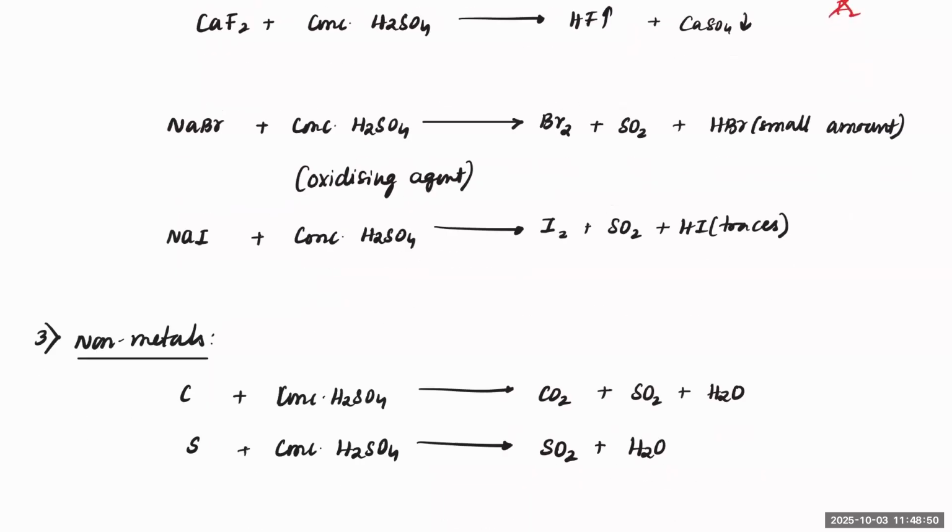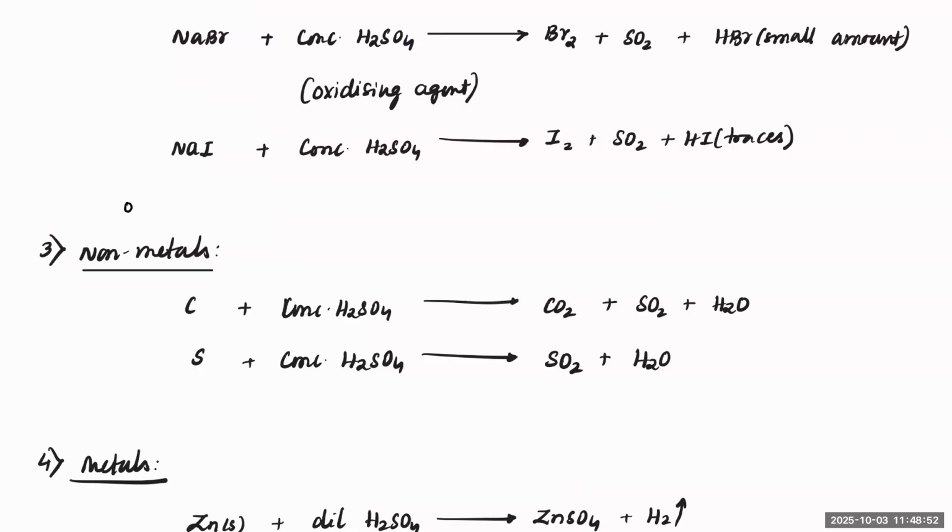In fact, if you write the oxidizing order, obviously fluorine will be the strongest. Then comes ozone, clear? Then comes KMnO4, okay? And then comes Cl2, and then comes K2Cr2O7, clear?